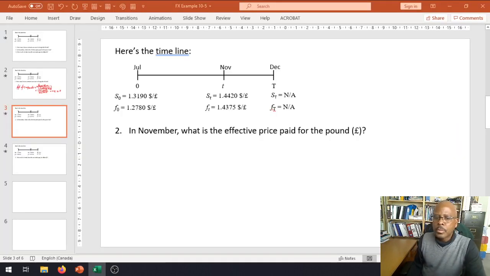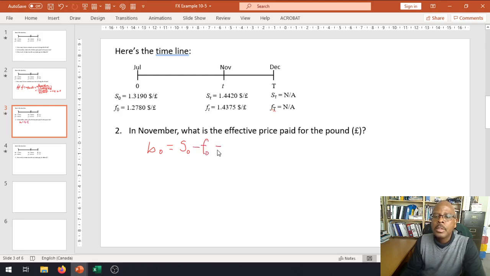What is the basis at time 0 and what is the basis at time T? So we know the formula for basis is that the basis B0 at time 0 is equal to the spot price at time 0 minus the futures price at time 0.